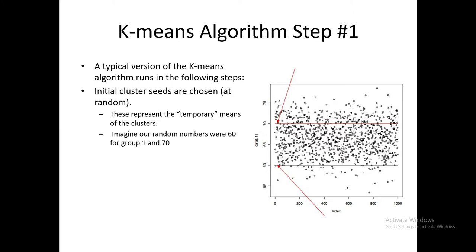A typical version of the k-means algorithm runs in the following steps. We set initial cluster seeds, which are chosen randomly, and these represent the temporary means of the clusters. Imagine that our random numbers were 60 for group 1 and 70 for group 2.